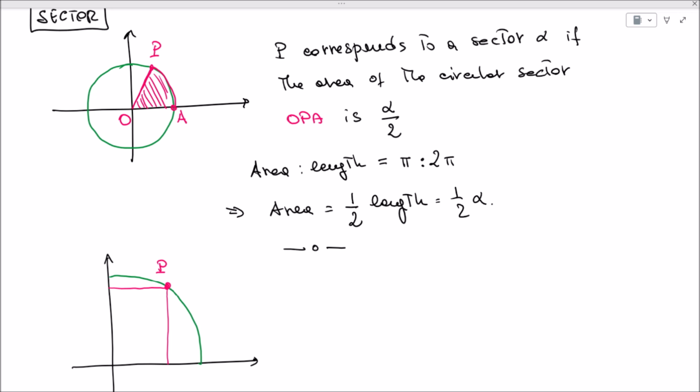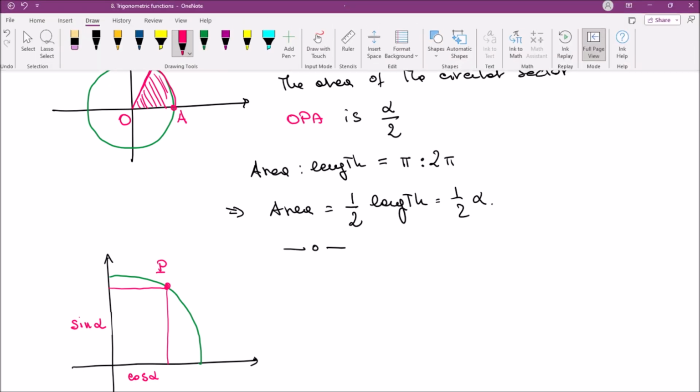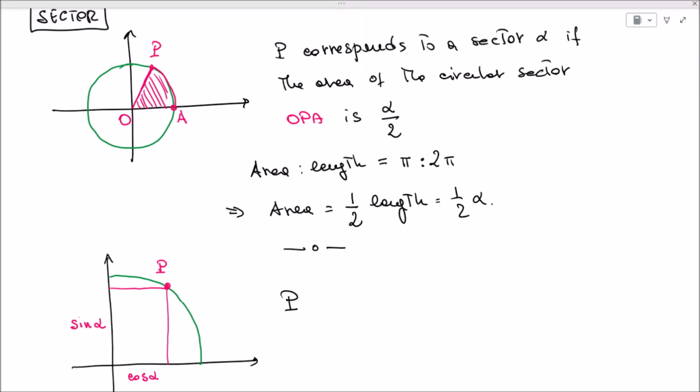And we say that the x coordinate of P, we call this cosine of alpha, which is basically a function of the arc alpha, and instead we say that the y coordinate is the sine of alpha, so it's a function of the length alpha. So we can rewrite this by saying that the point P is defined in terms of its Cartesian coordinates, which now are cosine of alpha and sine of alpha.